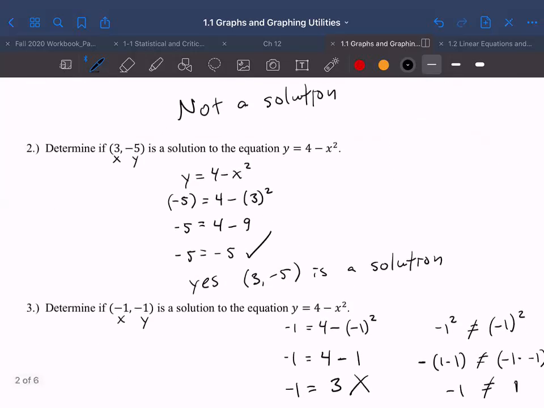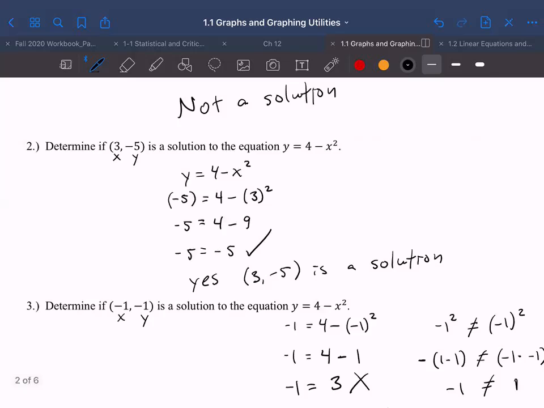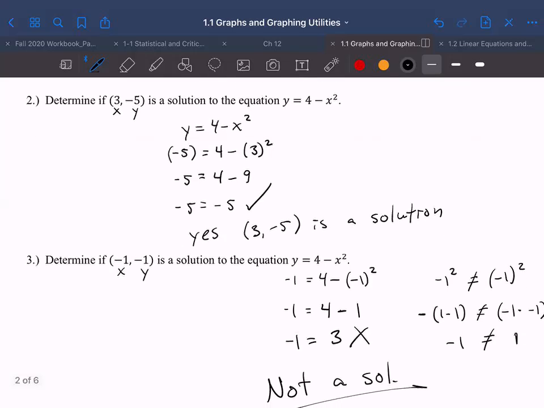All right, let's take a look at the next example. This is determine if (3, -5) is a solution to the equation y = 4 - x². Again, this tells us that x is 3 and y is negative 5. So we're going to plug those into the actual equation.